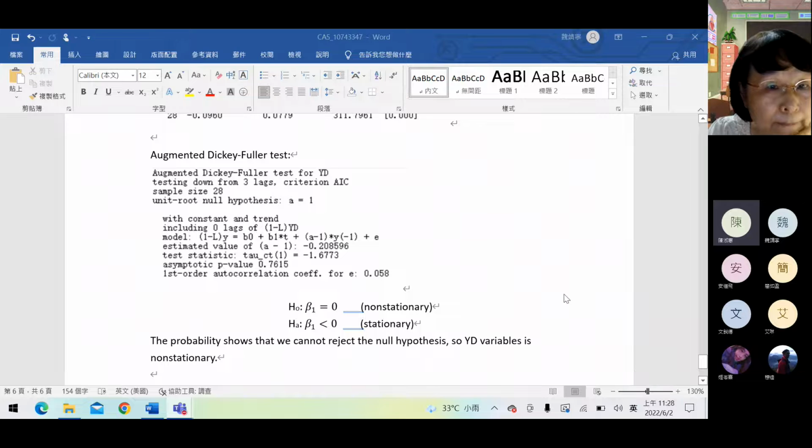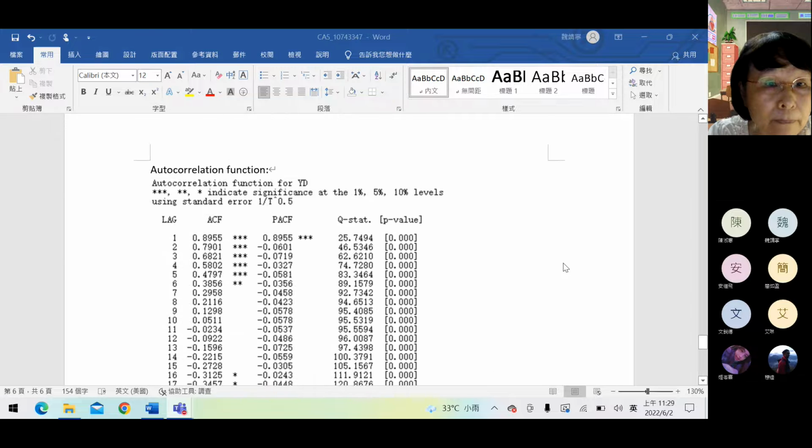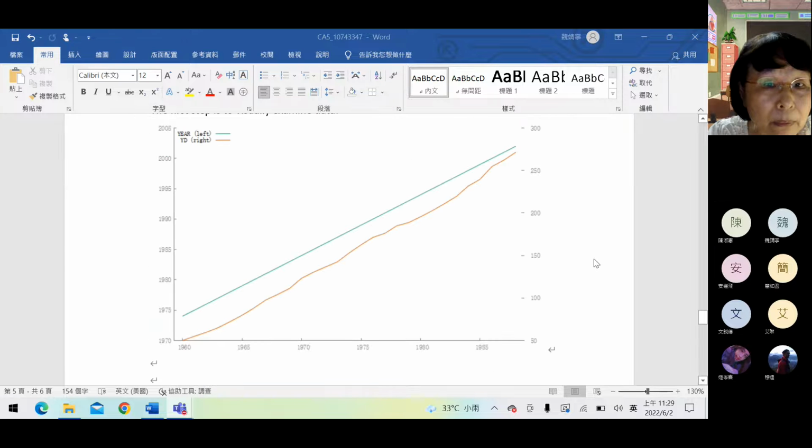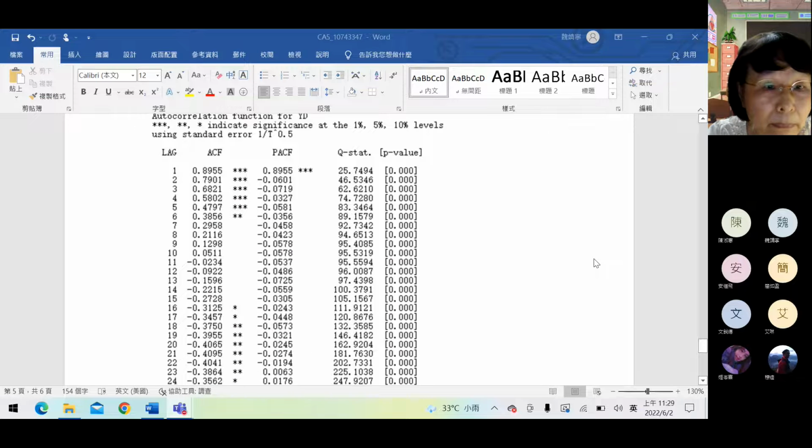But Professor, I think the result remains the same, right? You mean the result remains the same? Well, if you try it, still non-stationary. According to this graph, this is YD, right? I would say that it is non-stationary. Also look at the correlogram.